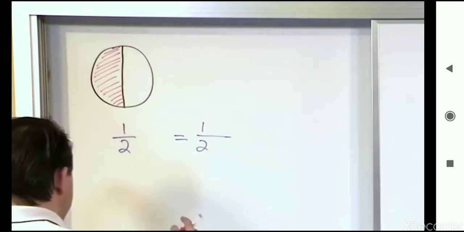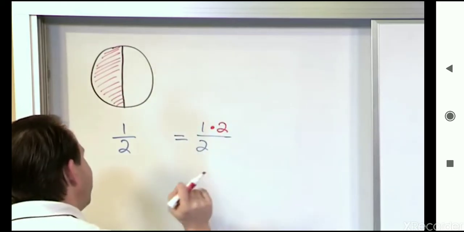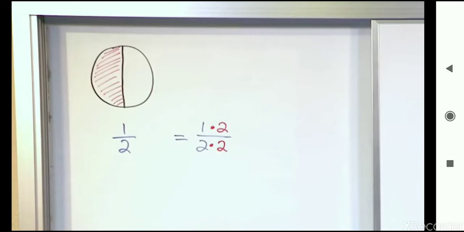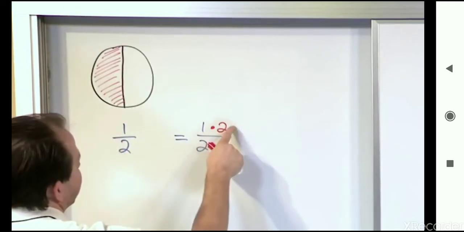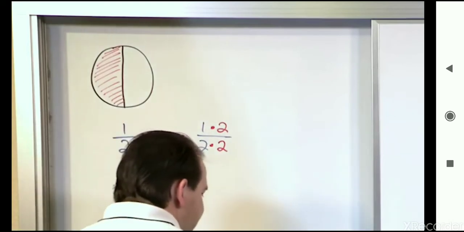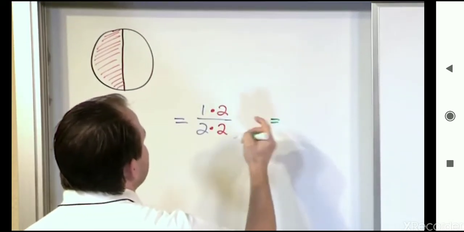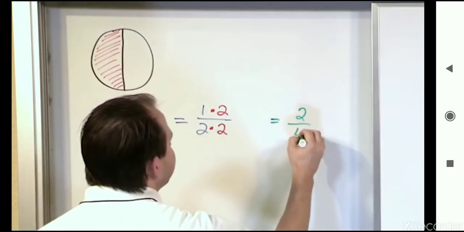I can multiply the top of this fraction by the number 2. But if I do that, I also have to multiply the bottom of my fraction by 2. That's very, very important for you to understand. I can multiply the top and the bottom by the same number. And if I do that, I'll change to another color here. What will I get? 1 times 2 is 2, and 2 times 2 is 4.